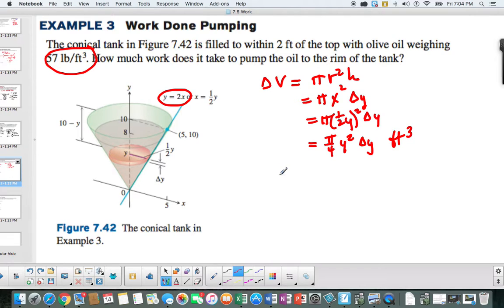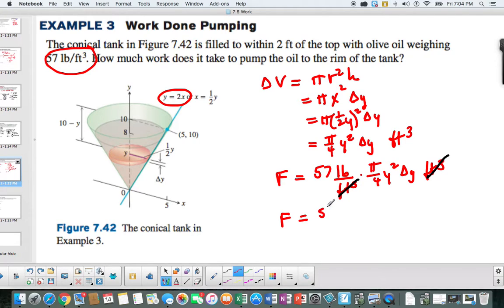So my varying force is going to be 57 pounds per cubic foot times pi/4 y squared delta y feet cubed, and the feet cubed are going to cancel, and I'm going to get my force to be equal to 57 pi over 4 y squared delta y, and this is going to be in pounds.